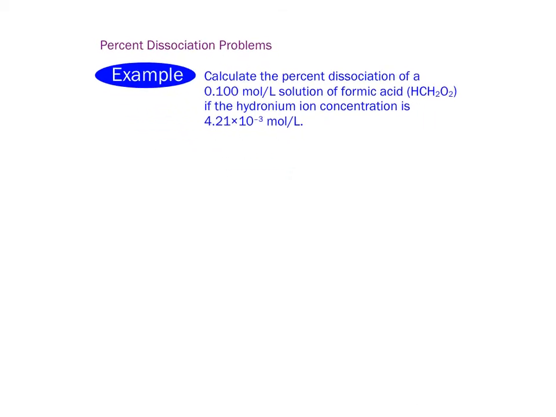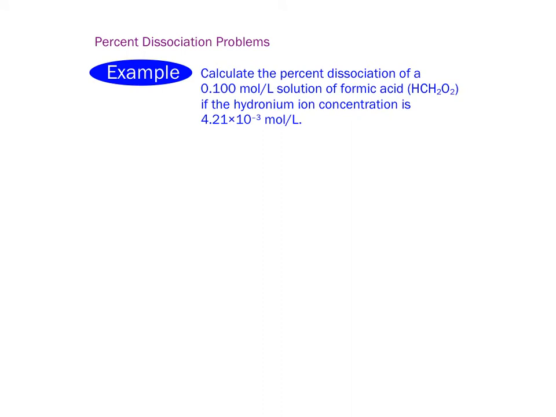So let's go ahead and do an example here. Calculate the percent dissociation of a 0.1 molar solution of formic acid if the hydronium ion concentration is 4.21 times 10 to the negative 3 moles per liter. So straight up, this calculation is fairly straightforward.